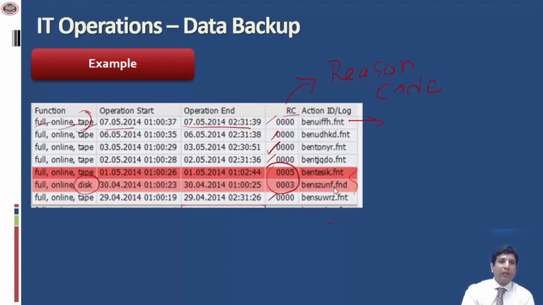It is possible that the tape got damaged or disk got corrupted, or it is possible that there was a power failure. So there could be many reasons why this has happened, and the reasons need to be investigated by the management, and there should be sufficient documentation provided, which we can go through and understand whether the process is working in a controlled manner.